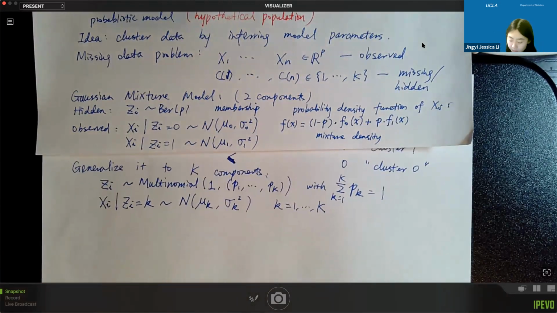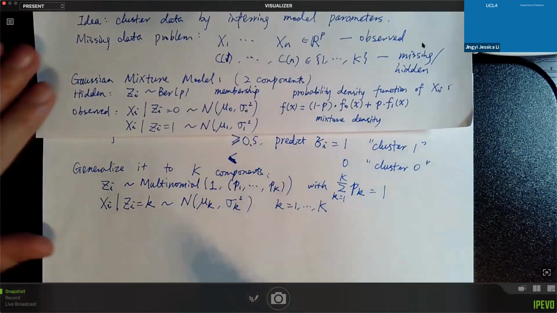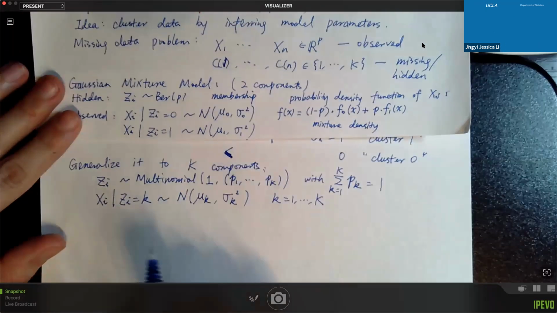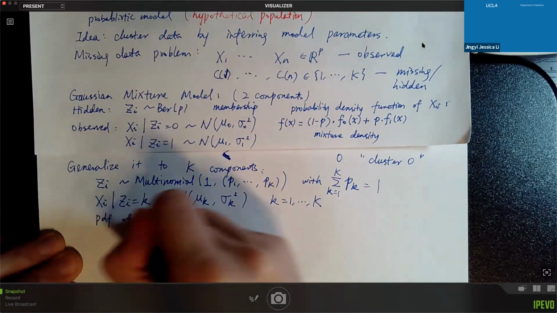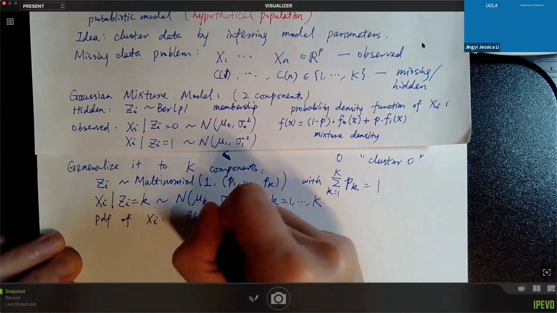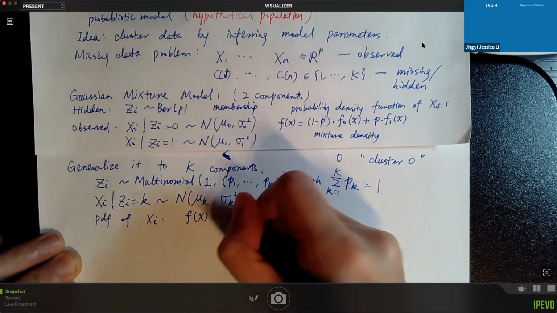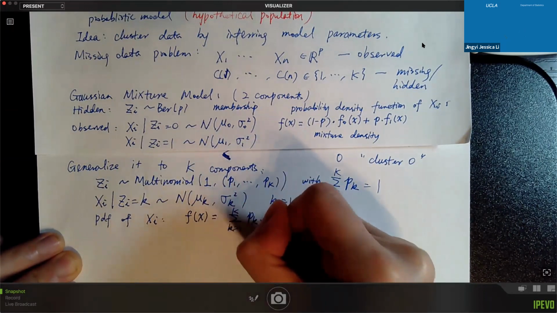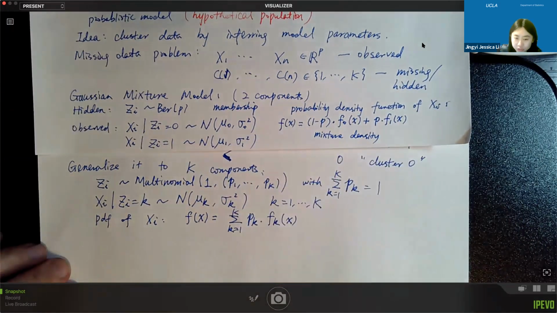So the distribution, okay, I need to write this down. The PDF of xi, in this general case, will be f(x) equals summation k from 1 to capital K, pk times fk(x). That's it. That's the mixture model.